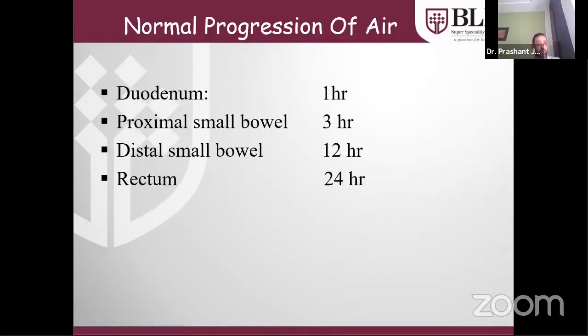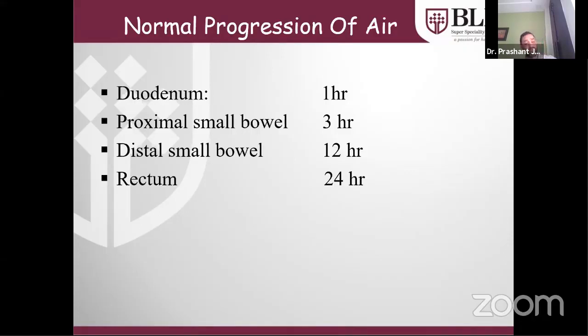Now, again, it is important that whenever a newborn is born, the gas takes some time to reach the intestines. It takes around 1 hour to reach the duodenum, 3 hours to reach the small bowel, 12 hours for the small bowel, and around 24 hours to reach the rectum.